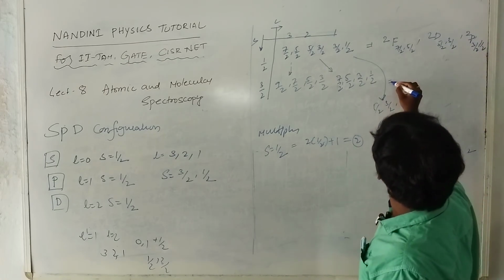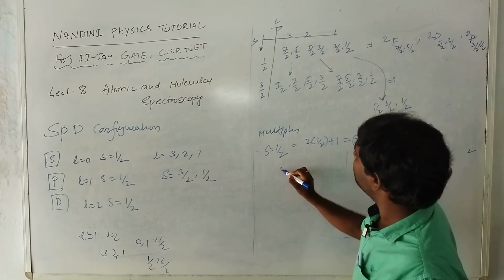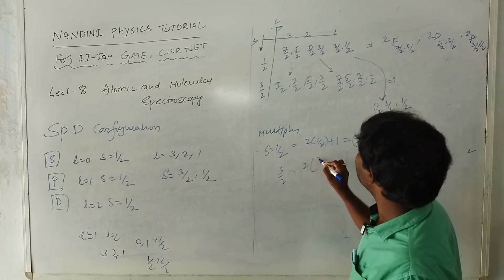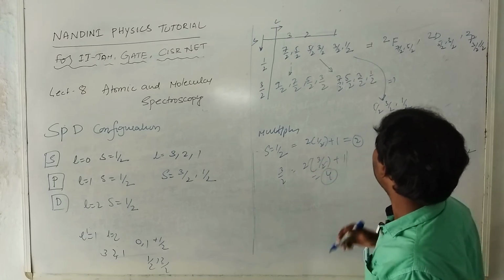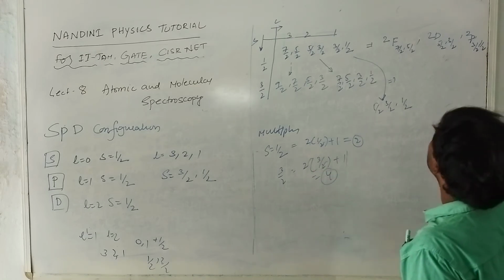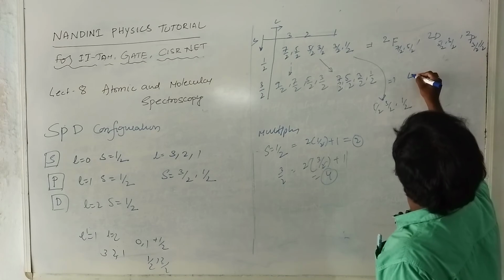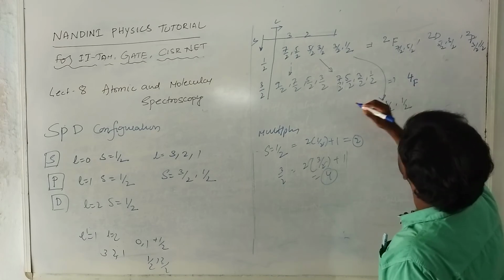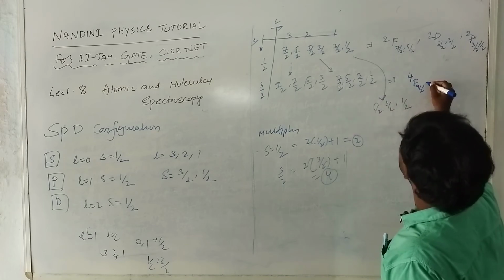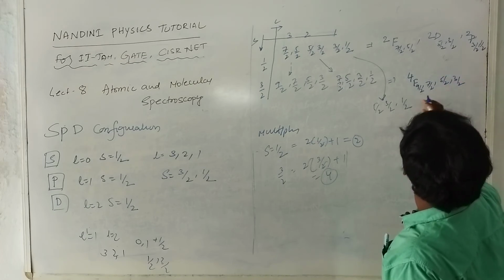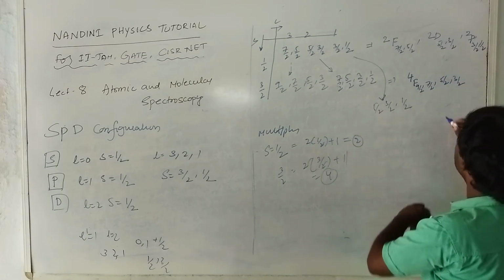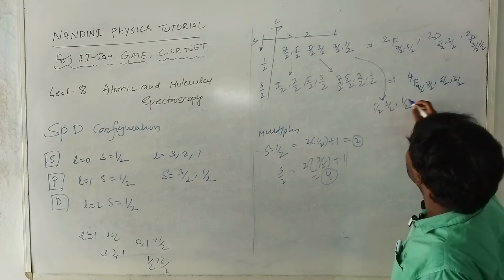Like this is also multiplicity 3 by 2. So simply 2 times of 3 by 2 plus 1, 2 will be cancelled, this is called 4, okay. So multiplicity is 4, so simply write 4F 9 by 2, 7 by 2, 5 by 2, 3 by 2, okay.